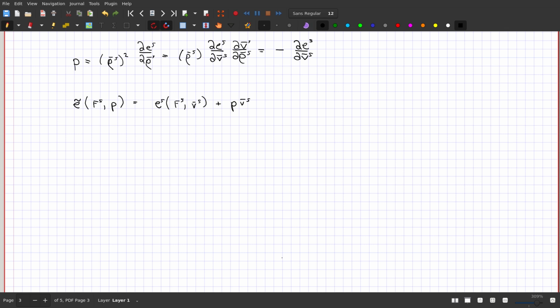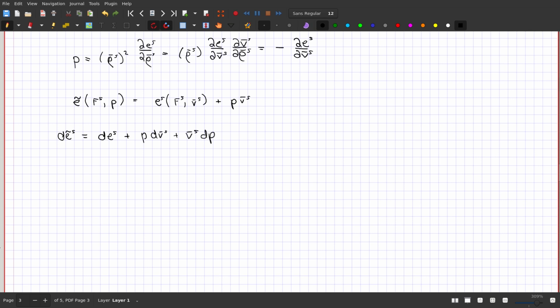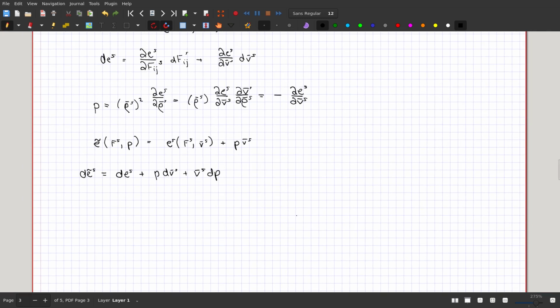Okay, so let's compute the total differential of E tilde. So dE tilde is equal to dE_S plus P dV_S plus V dP. Now let's substitute in dE from above. Basically, we're going to substitute this here.